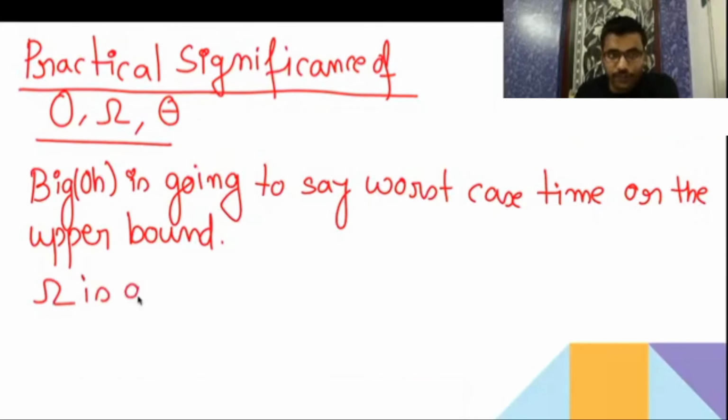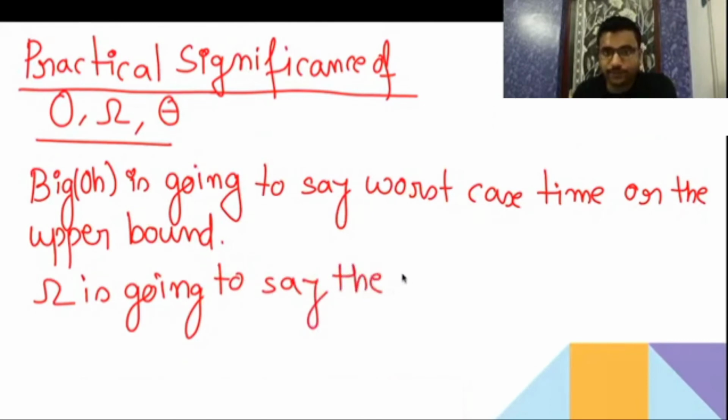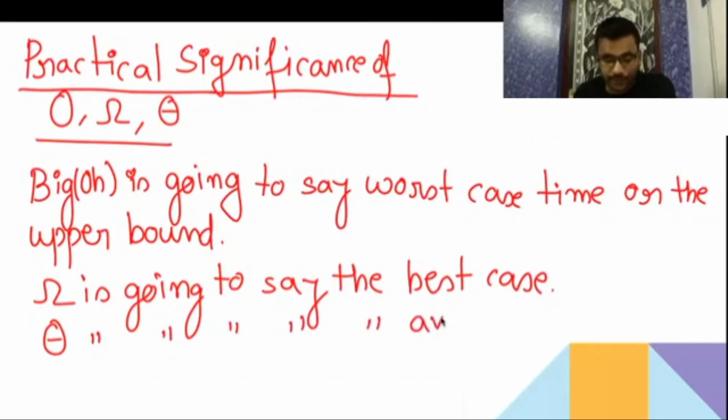Omega is going to say the best case, theta is going to say the average case. Okay, if you're done with the writing, just let me know.